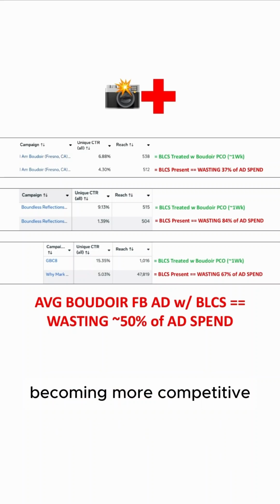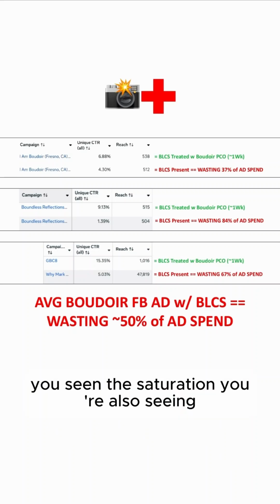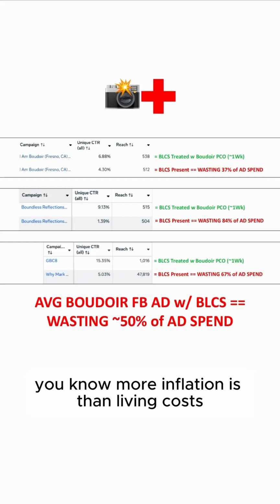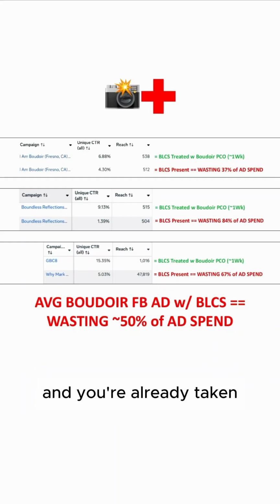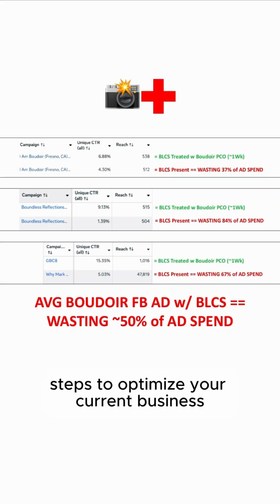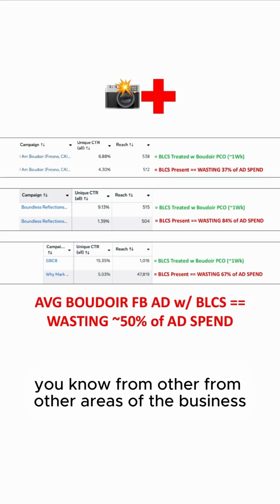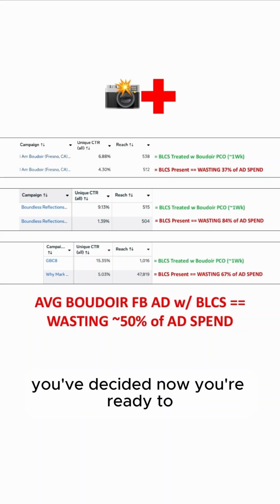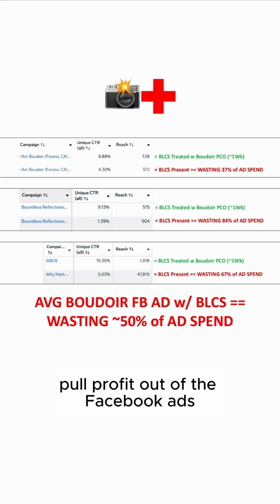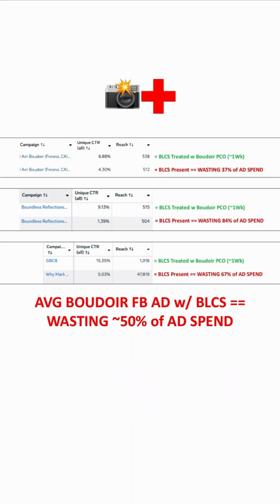They're becoming more competitive. You've seen the saturation, you're also seeing more inflation and living costs. And you're already taking steps to optimize your current business, pull more profit out of it from other areas of the business. You've decided now you're ready to pull profit out of the Facebook ads portion of your business, optimize that, and actually pull some profit out.